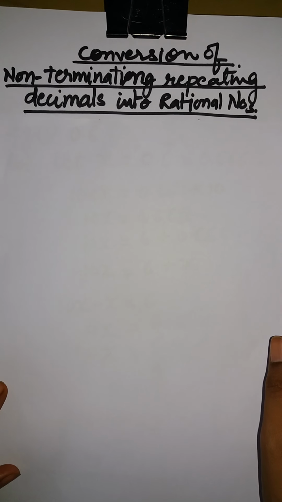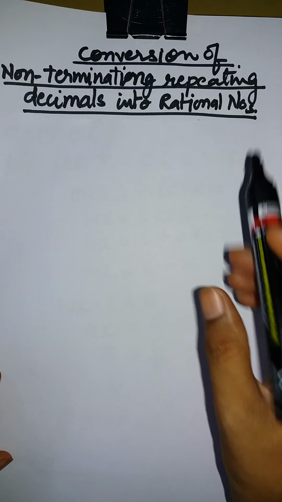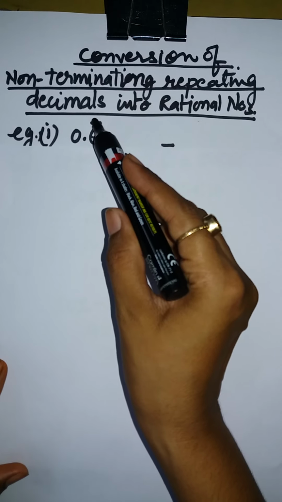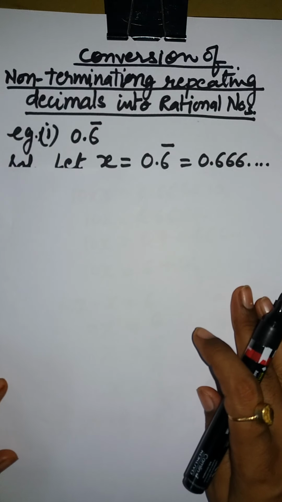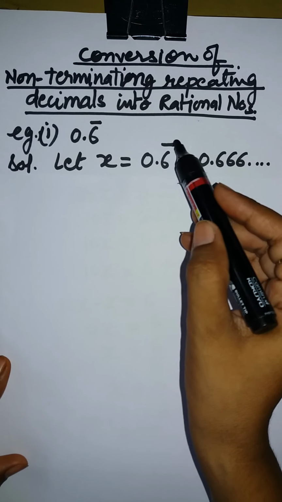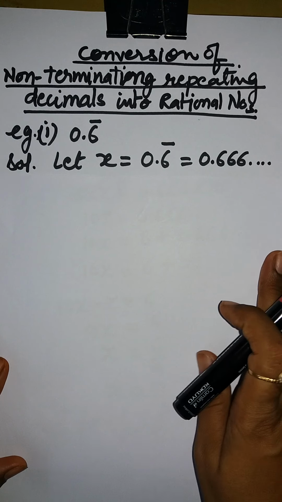Now, how to convert non-terminating repeating decimals into rational numbers? Let us take an example: 0.6 bar. Let x equal 0.6 bar. Bar means that 6 is repeating itself a number of times.